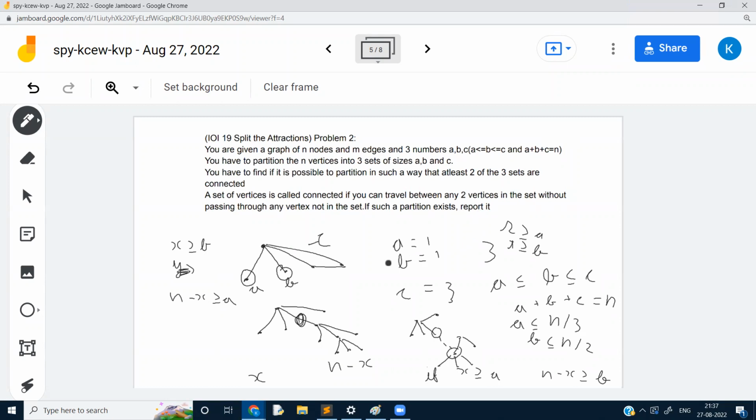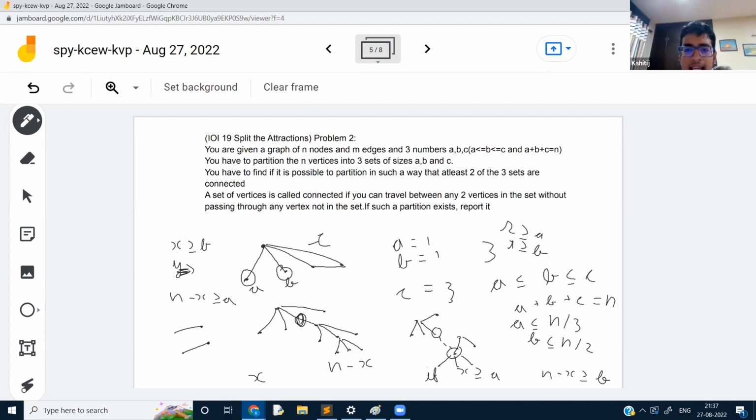But the sizes should be exactly A, B and C, you are given A, B, C. Okay, yes, okay.